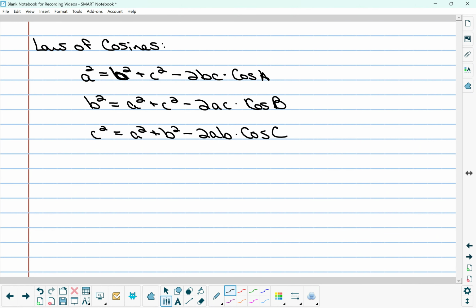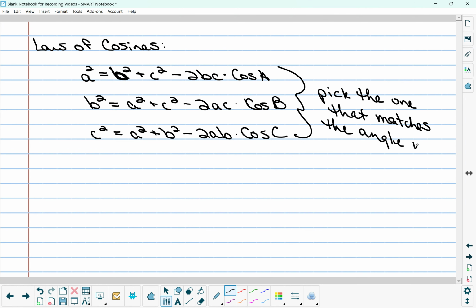Okay, so how do you know which one to use? Well, you're going to pick the one that matches the angle that you're given. Okay, so if you're given angle B, you're going to pick this one.